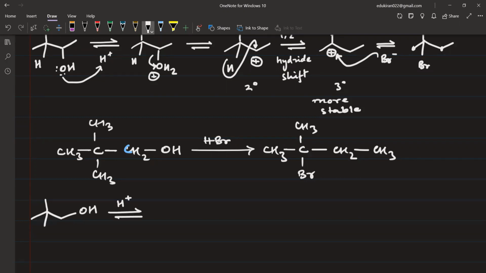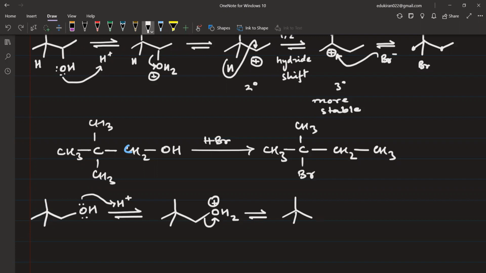So H plus will be there, to which the OH will attack, leading to formation of OH2 positive. Now OH2 will break this bond, and this CH3 and this CH3 remain as they are, leading to formation of a carbocation. Now this carbocation here will get a positive charge.